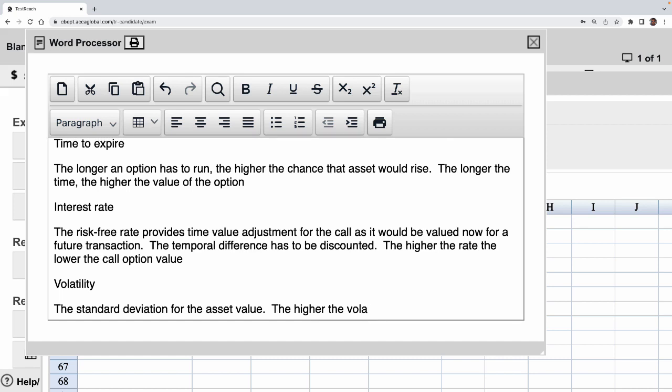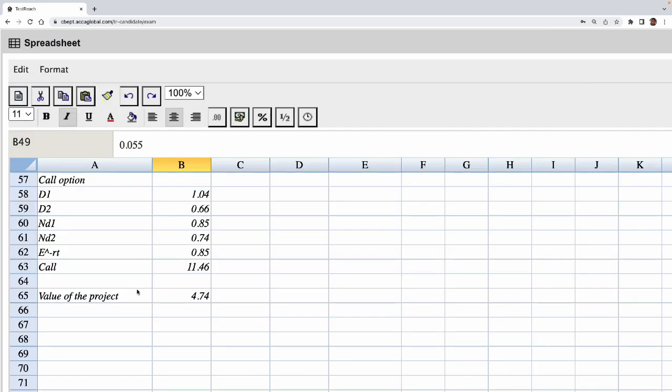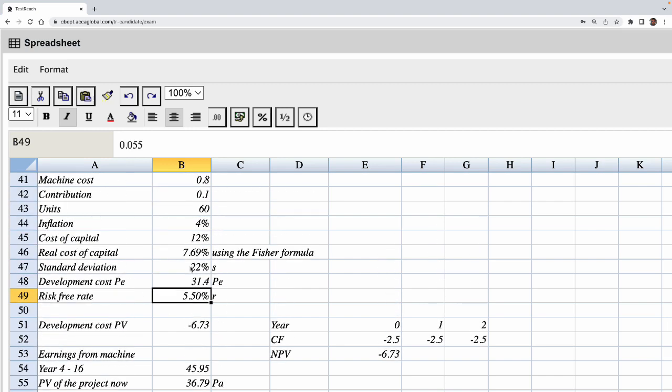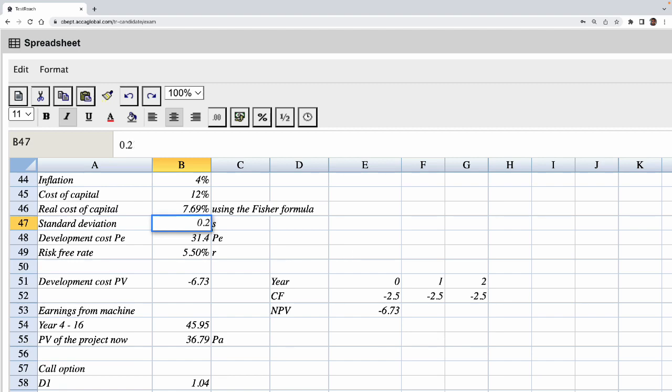Okay, let's look at higher volatility. What happens? So here, if I was to change this number, okay, we're going to see this. Change this to 34. What do you think will happen?